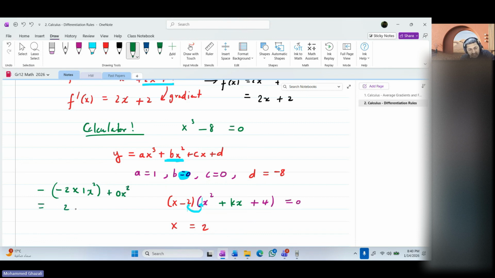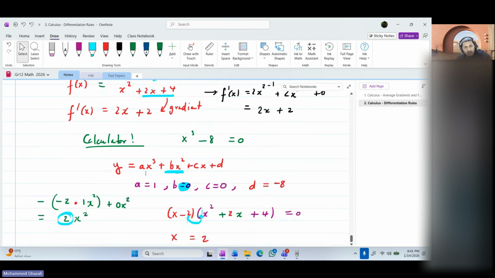So what's my total result? 2x squared, because negative, negative, positive. Why did I put an x here? Put a dot, that's easier. That's why I said don't work with the x squared. You only take the coefficient, which is 2. So now we erase the k and put a 2 there. It works for every single cubic factorization. So did we have x squared plus 2x plus 4?